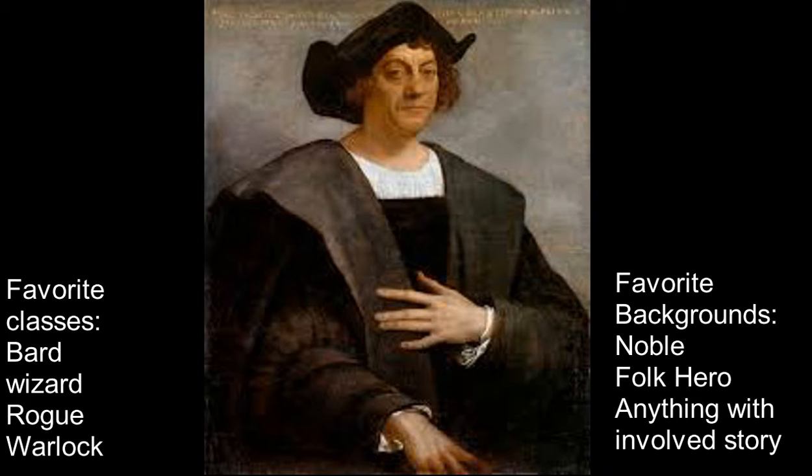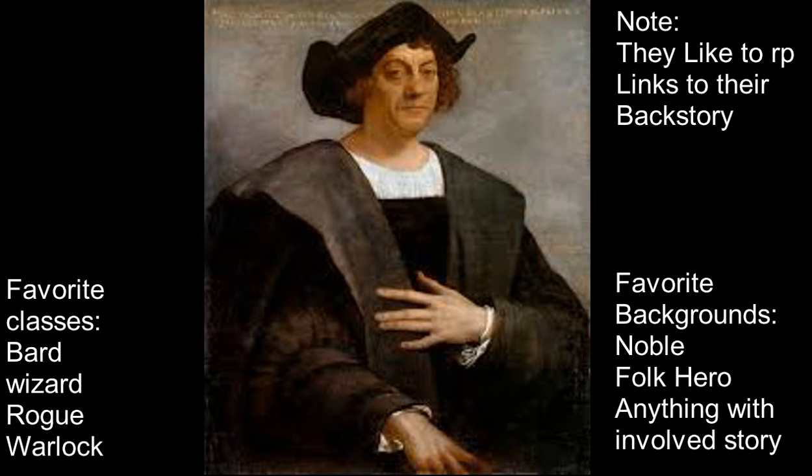And they tend to be choosy about what they pick as their backgrounds. They like to be very involved in the story. So one of the ones that really can help them are ones that are heavy in diplomacy or backstory, things that have them connected to many kinds of people, many kinds of places.